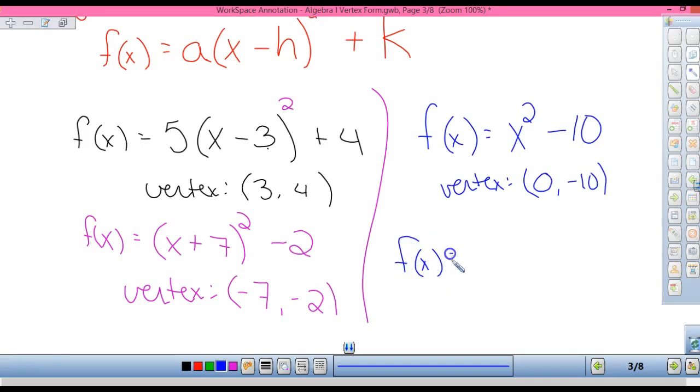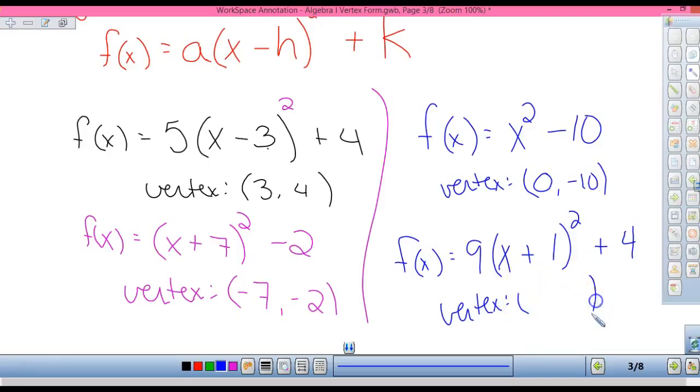F of x equals 9 times x plus 1 squared plus 4. Dylan, what's my h? Negative 1, good. Lexi, what's my k? 4, good.